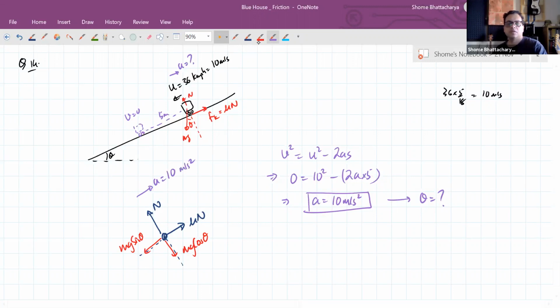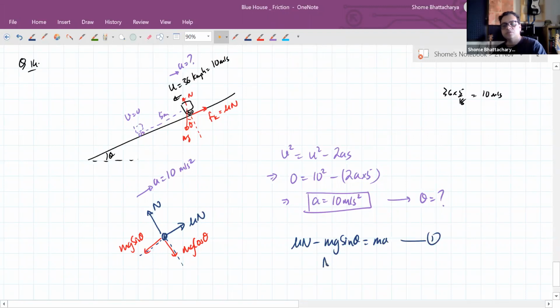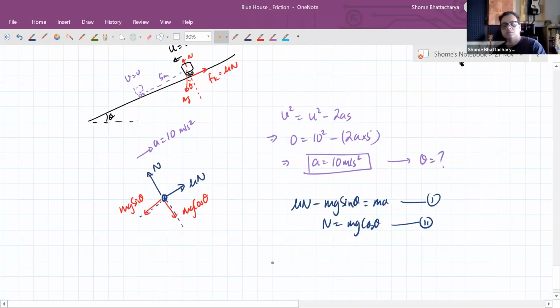Okay. So mu n minus mg sin theta should be equal to ma, and n is of course equal to mg cos theta. That's our second equation. So you'll get a as mu cos theta minus sin theta whole thing into g.